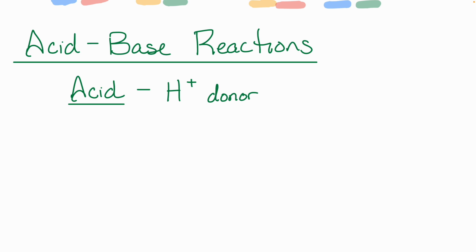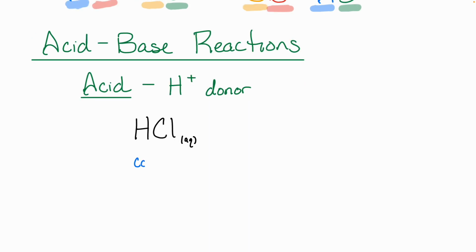All right, let's look at an example here. HCl, hydrochloric acid. Is this molecule covalent or ionic? Hydrogen's a nonmetal, chlorine's a nonmetal, all right?